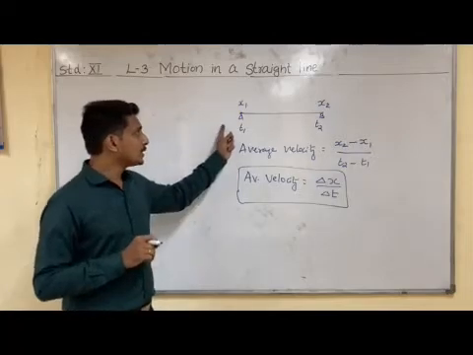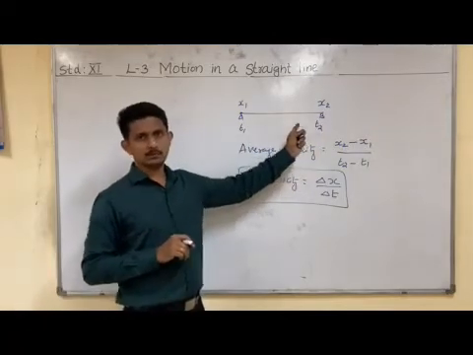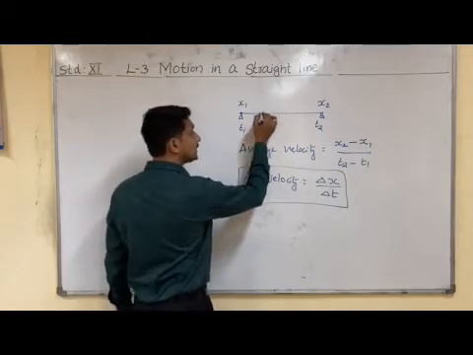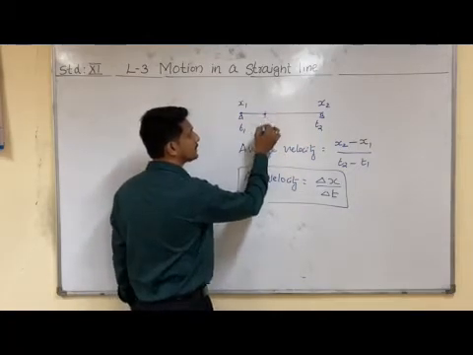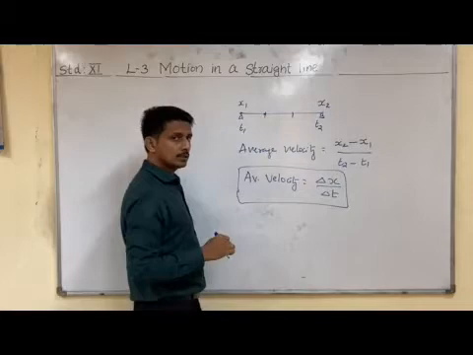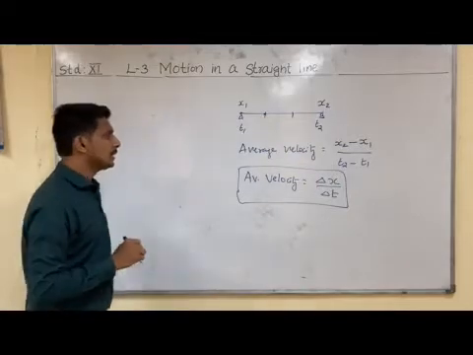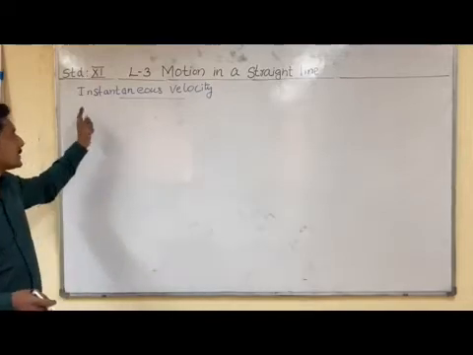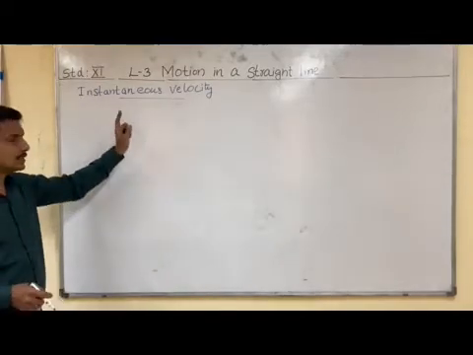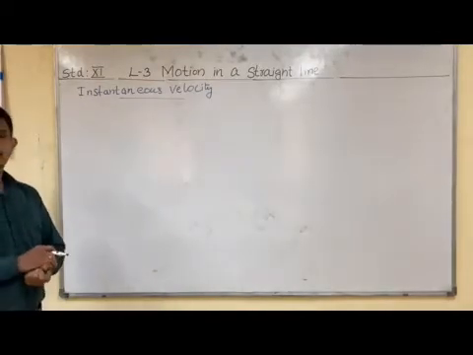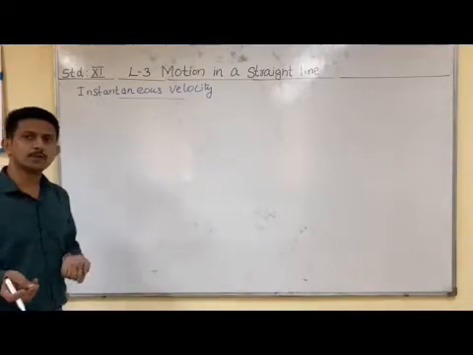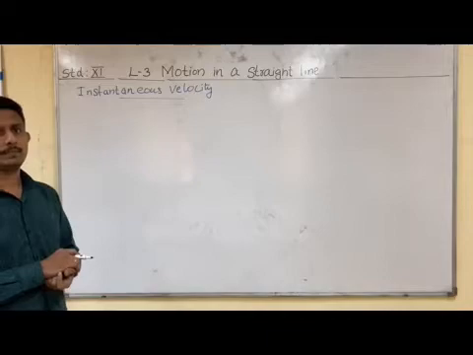When an object is traveling along a path, for example this straight line, the velocity of this object at every instant of time, at this instant or at this instant, is given by the instantaneous velocity.